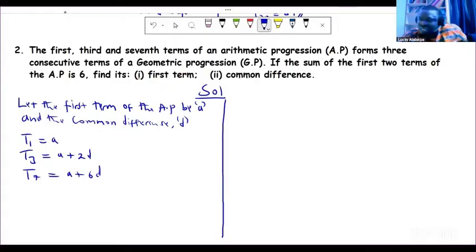We're told that since they form consecutive terms of a GP, we are going to use a special property.